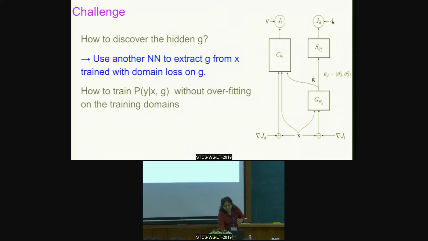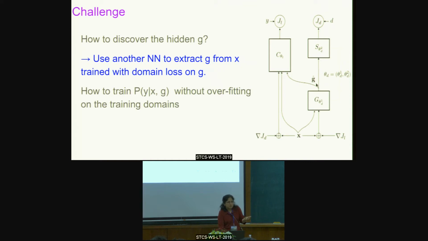Capital J is just the loss, the log likelihood, the loss during training. It's the SVM legacy. Yes, D is known at the time of training, and that's what G is.